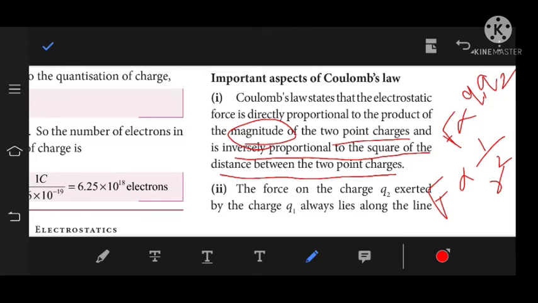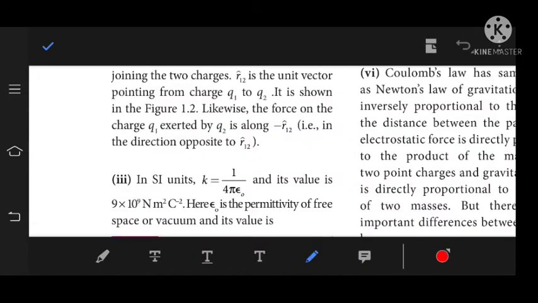The second one is the force on the charge q2. We have two charges, q1 and q2. The force acting on the charge q2 exerted by q1 always lies along the line joining the two charges. R12 cap is the unit vector pointing from the charge q1 to q2.